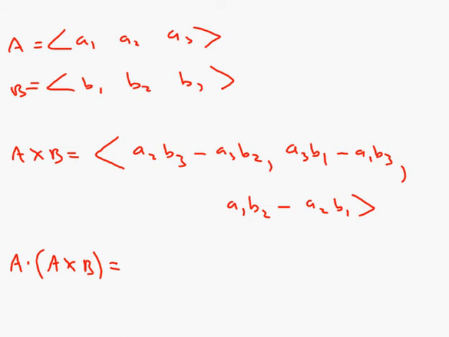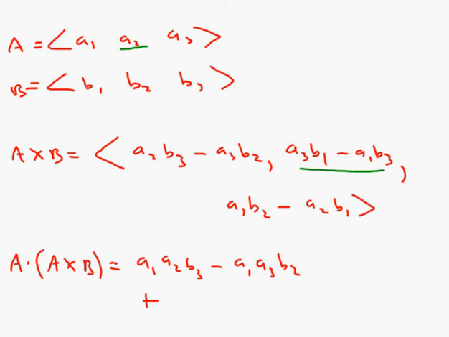That's going to be A1 times this first thing. So I'm going to distribute that A right into there, might as well. So I have A1, A2, B3 minus A1, A3, B2. And the dot product says, okay, after you multiply the x components, add that to the product of the y components. So I'm going to say plus, and if I take the y components, it's going to be that times that.